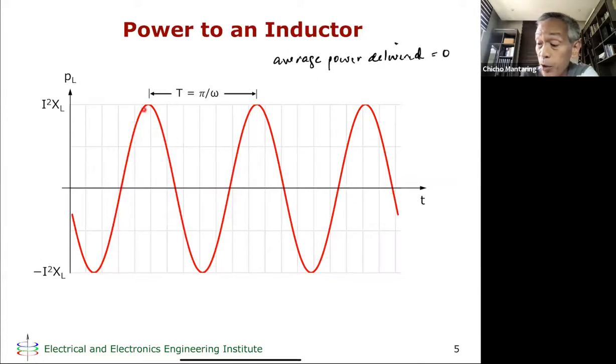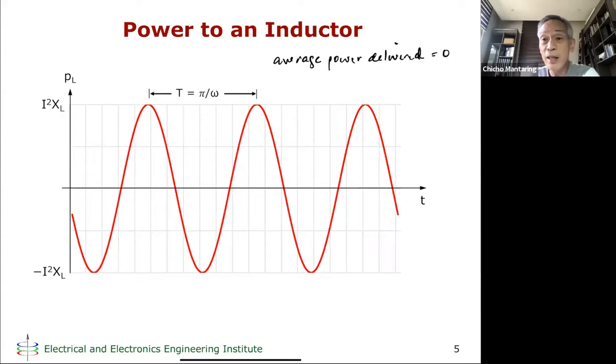So pag minsan, positive yung power. Pag positive yung power, that means the current is transferring power into the inductance. No? Pag minsan, negative naman yung power, that means the inductance is giving back that power. No? So you have instances where your power is positive, that means you're delivering current to the inductor. And there are instances where your power is negative, that is your inductor is giving back that current.